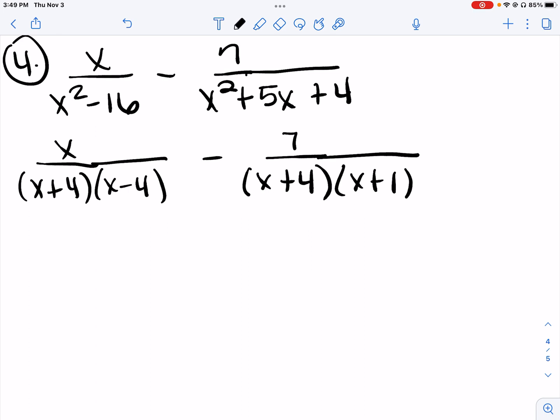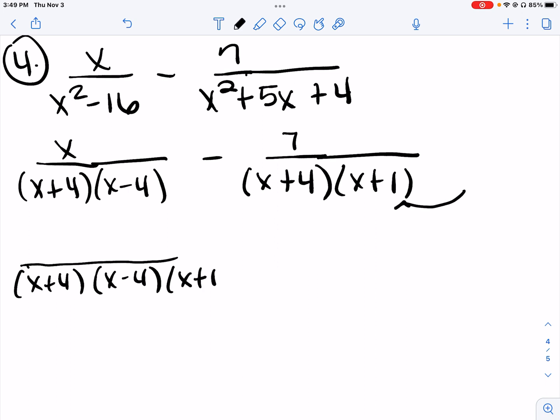Now the common denominator has to have one of everything. If it's in the denominator, it's in the new denominator. So the new denominator has x plus 4, x minus 4, and we need this x plus 1.